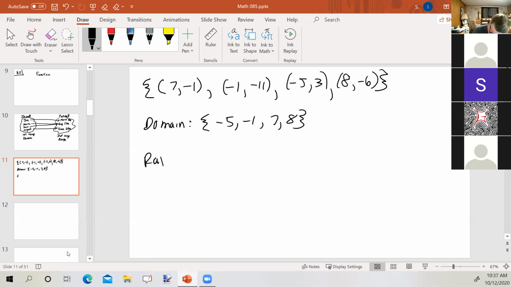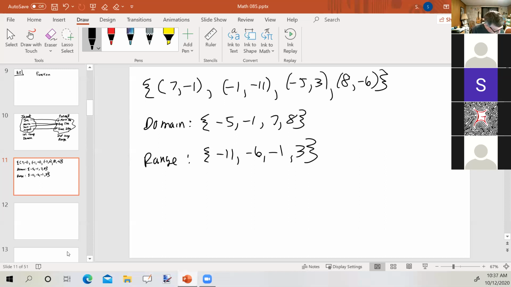The range would be the output. So let's see, -11, -6, -1, and 3. So there's the domain and the range. Basically the x's are the domain and the y's are the range. Any questions about this example?